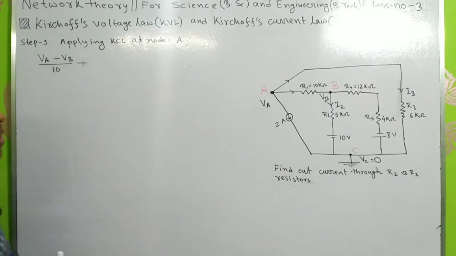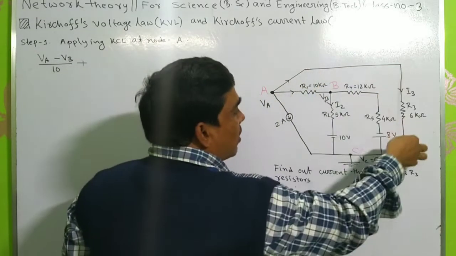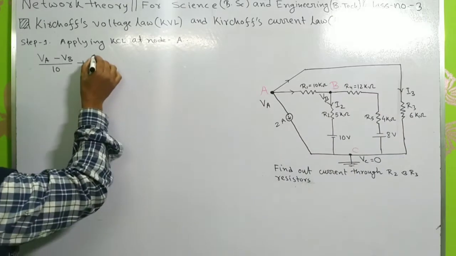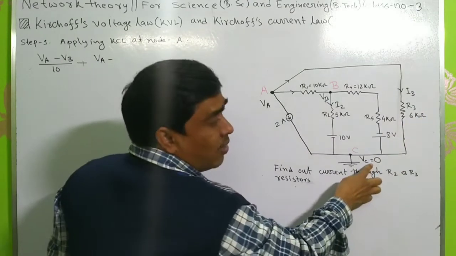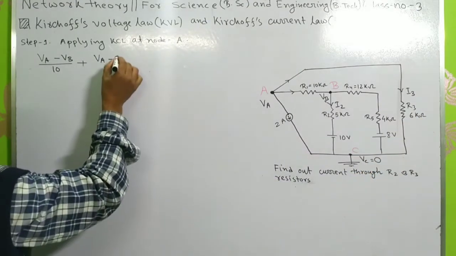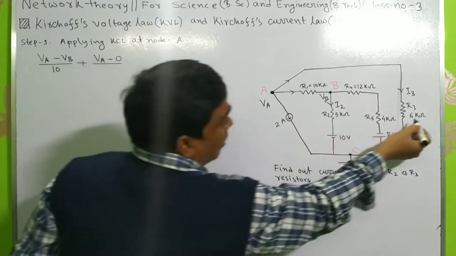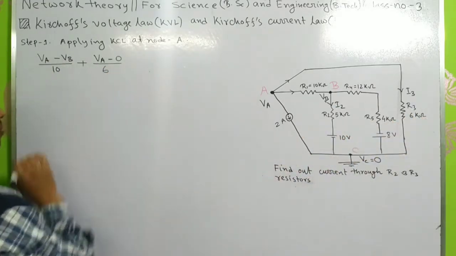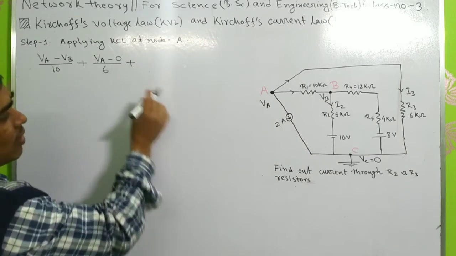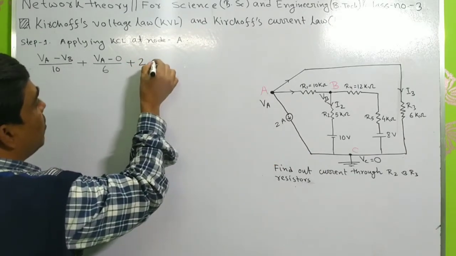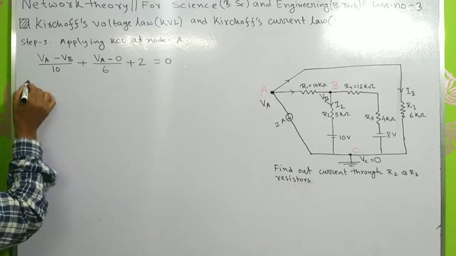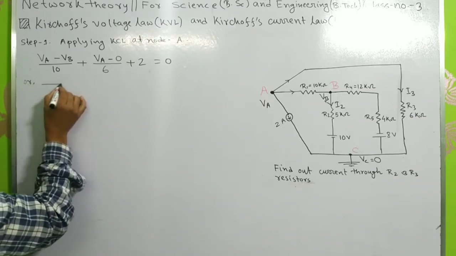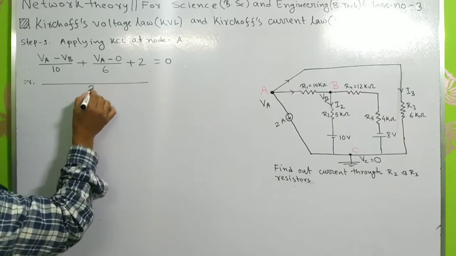Plus, this is another branch: VA minus 0, since this voltage is 0, divided by 6 kilo ohm, plus this current 2 ampere. So this is the KCL equation of node A. If I take the LCM, it will be 30.